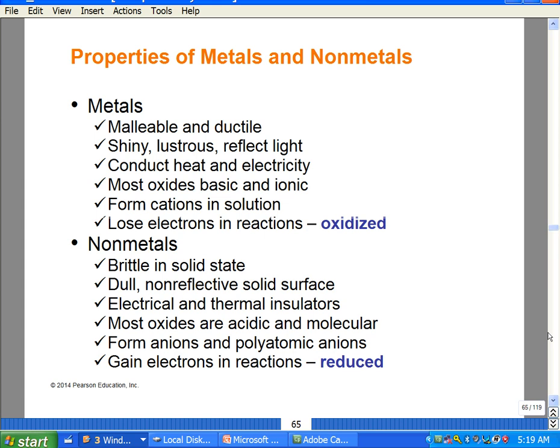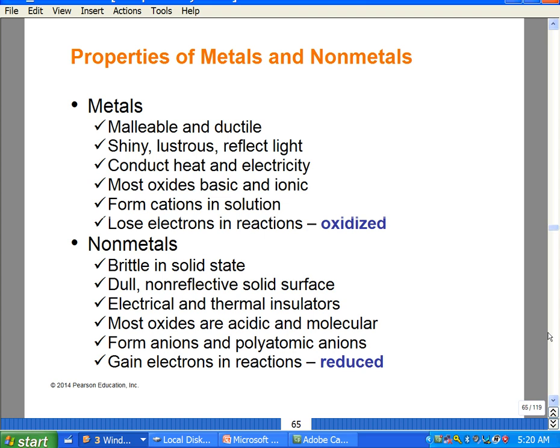The last thing that we're going to cover in the chapter is metallic character: how close to looking like a metal or having properties similar to a metal that something is. Metals have very specific properties. They're malleable, which means you can easily take a hammer and beat them into a shape. They're shiny, lustrous, and reflect light.